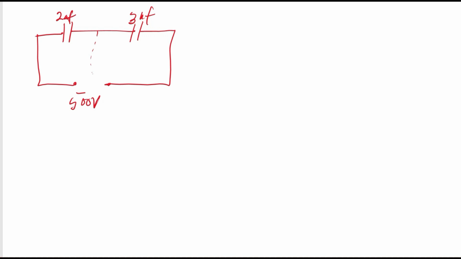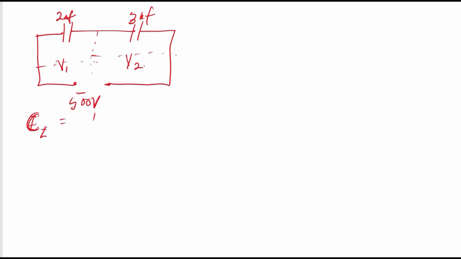If you look at both of them, the voltage across this part, I would like to call it V1 because my second part of the question still wants me to calculate voltage. I'll call this V2. Now for the final effective capacitance, let's call that CE.